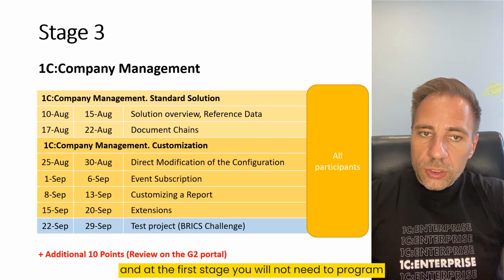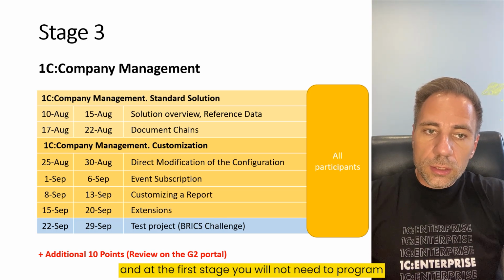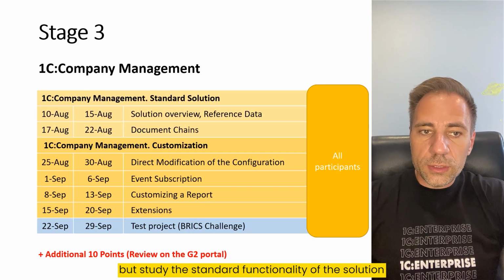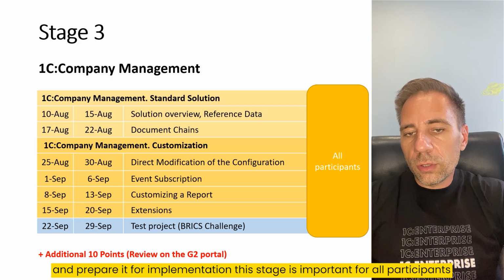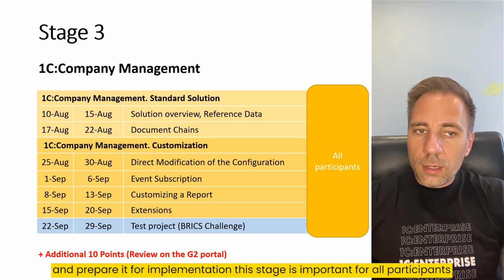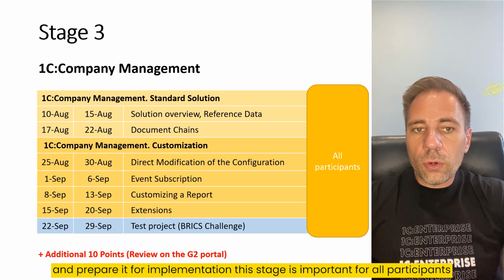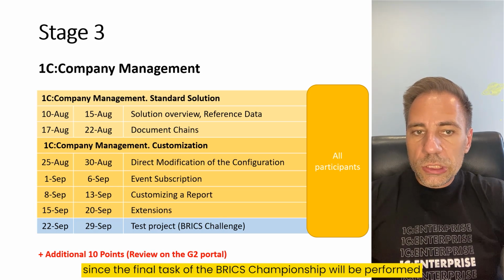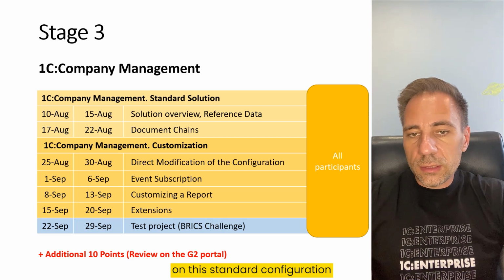At the first stage you will not need to program, but study the standard functionality of the solution and prepare it for implementation. This stage is important for all participants, since the final task of the BRICS Championship will be performed on this standard configuration.